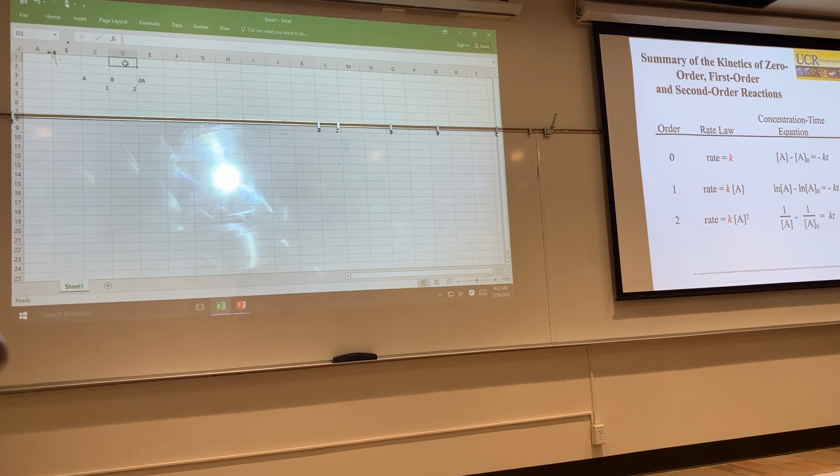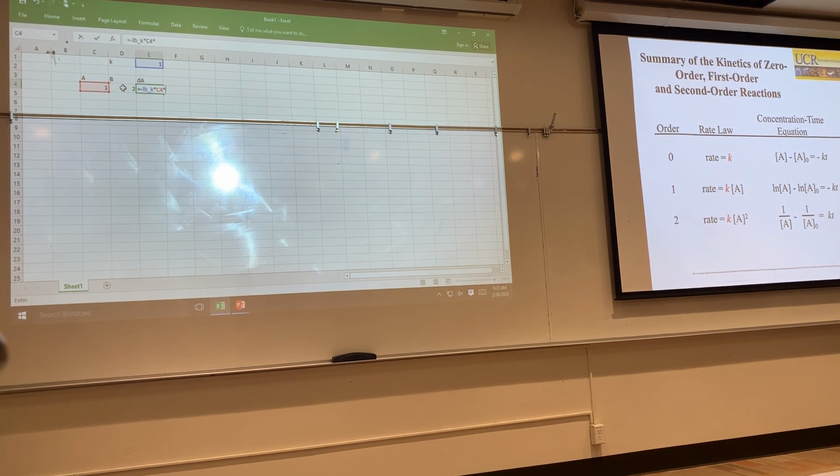So let me define K over here for my reaction. Let me call this H1. And then I would have this minus sign, and then my K, and then the concentration of the one times the concentration of the others. And here you see that I still need a time step to make this work.